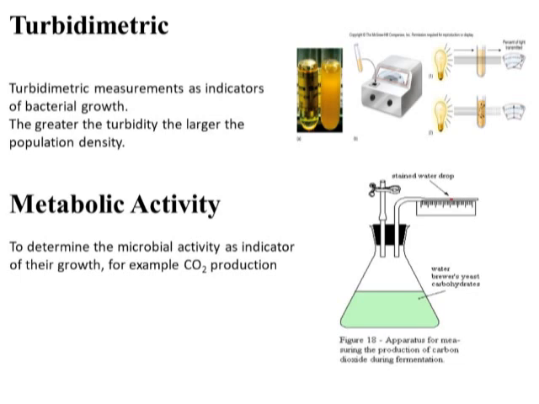Of course, if it becomes too turbid, you can also dilute the sample and measure again the optical density in diluted samples. You can also measure metabolic activity. Here is a drawing on the right, which is a setup for measuring CO2 production in a fermentation system.